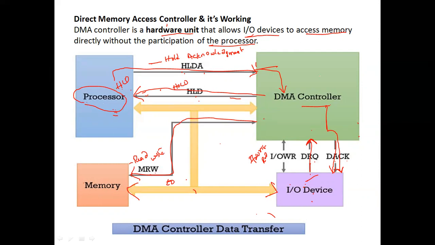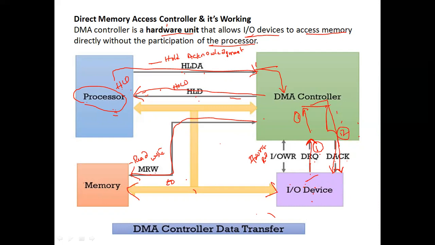Right? Once more, if an IO device wants to transfer data to or from the memory, first it sends a DRQ signal to the DMA controller. After receiving this DRQ signal, the DMA controller acknowledges that it has received your signal.